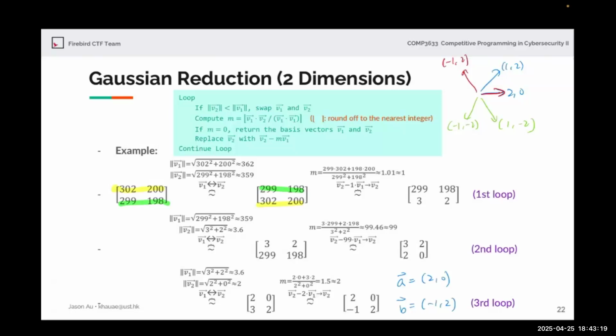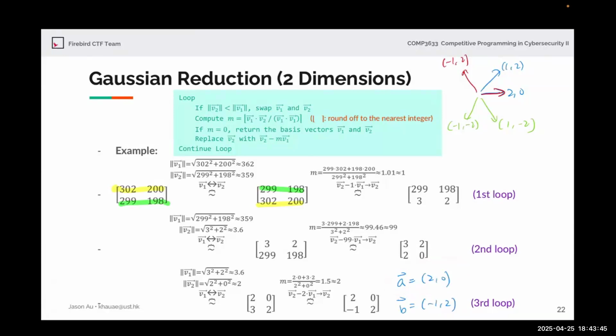So it does not affect the solution of the shortest basis problem. Okay, so we have these two shortest basis vectors, and the first one would be the shortest non-zero vector within the lattice. So this shows how the Gaussian reduction is going to solve the shortest vector problem for us.